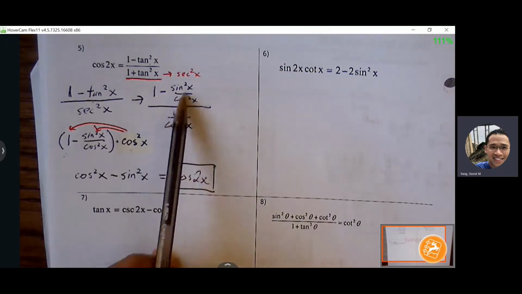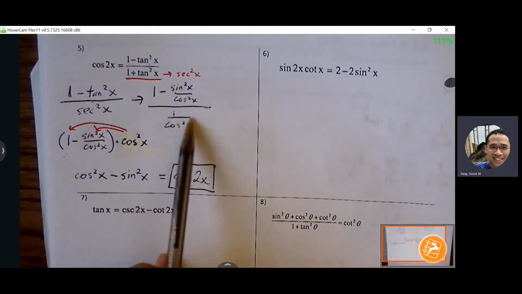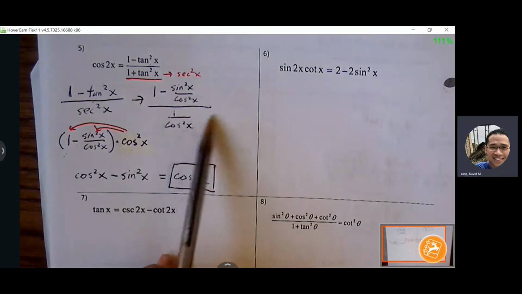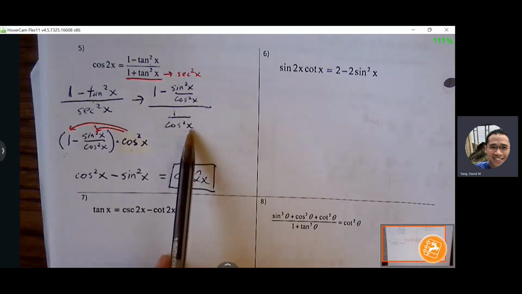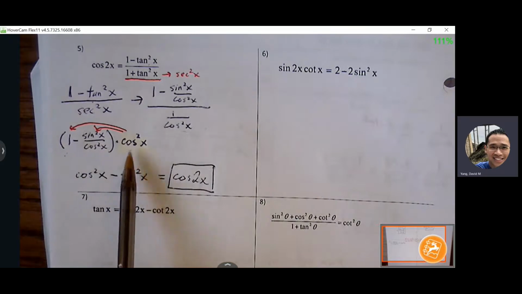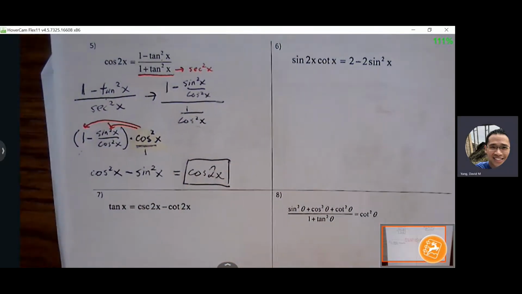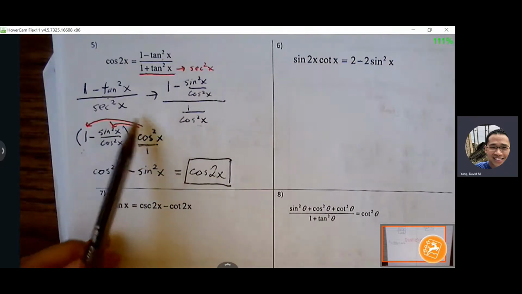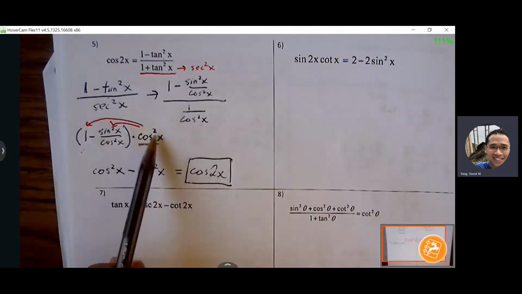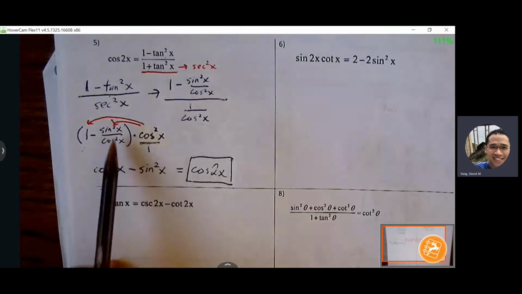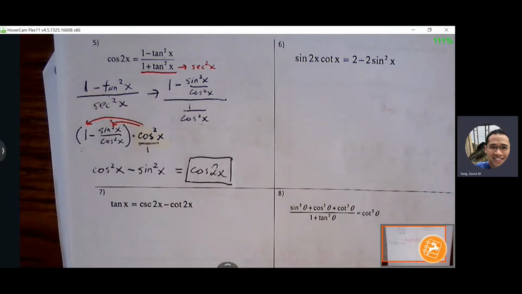Dividing by a fraction is the same thing as multiplying by the reciprocal. So if I flip this, instead of 1 over cosine squared, it's going to become cosine squared over 1. And now I'm just going to distribute this through. Distribute that through, I get cosine squared. Distribute this through, the cosine squared cancels out. Gotcha. Great. Thank you.